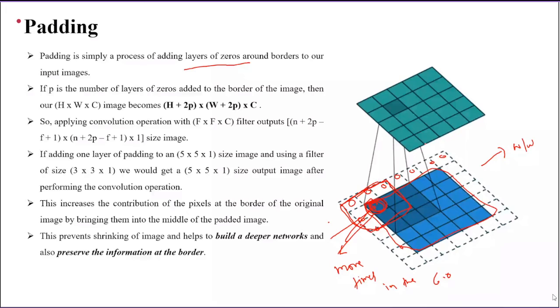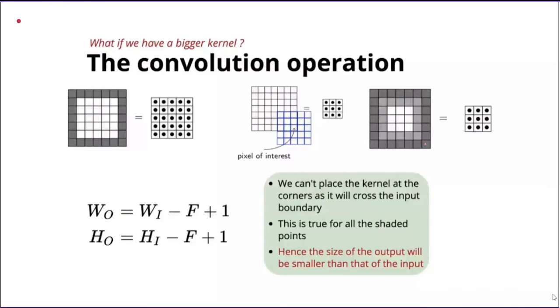See here, this is our original image. We are adding zeros, which means we are adding padding to this image. So this 5x5 original image will now become 7x7.